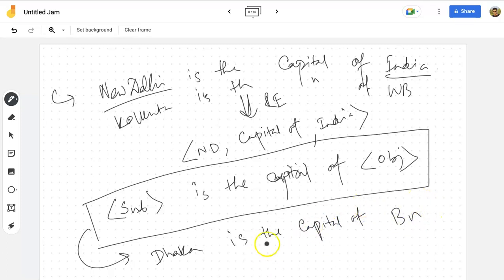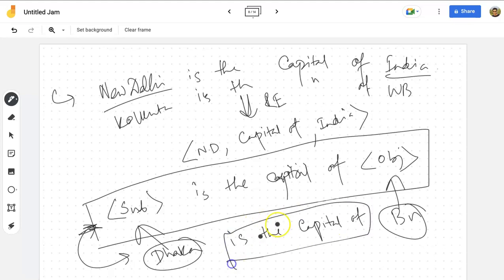Then what you can do is match this, similar to a regex expression. I'm just giving an example. You match this expression with this sentence, and you can say Dhaka is matched with this part, Bangladesh is matched with this part, and the in-between part is matched with this part. So if it matches this regex, then you can say this is a relation: between Dhaka and Bangladesh, this is a capital-of relation.